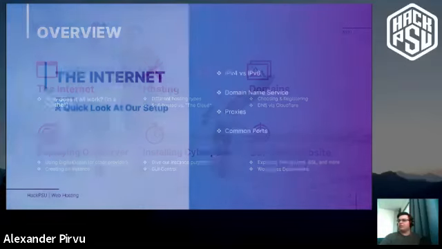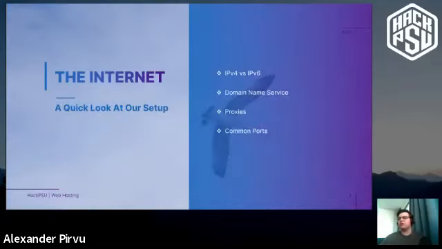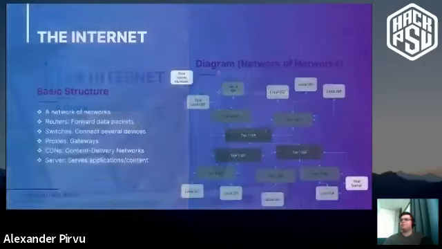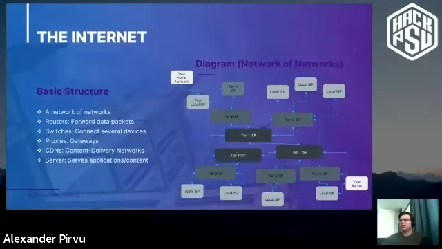Okay, so let's look a little bit at the internet. So we will look at IP version 4 and IP version 6, the domain name service, proxies, and a couple of common ports that are used on the internet. So the basic structure of the internet is, it's a network of networks.